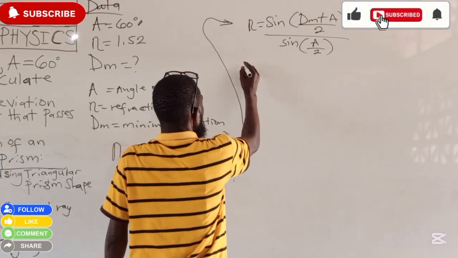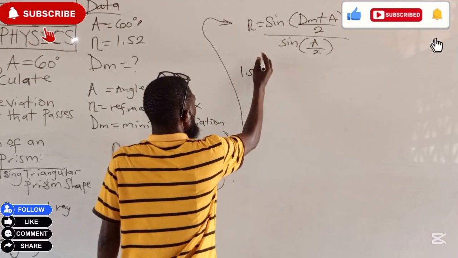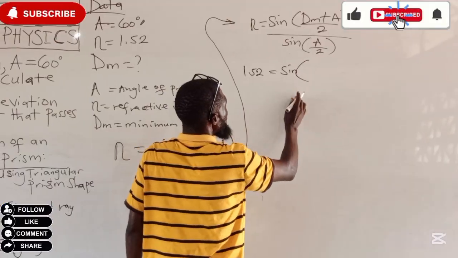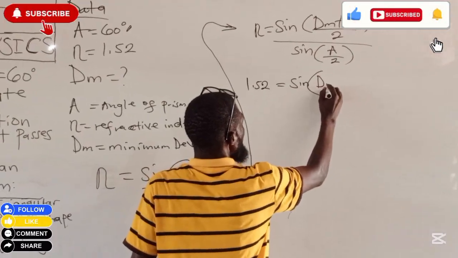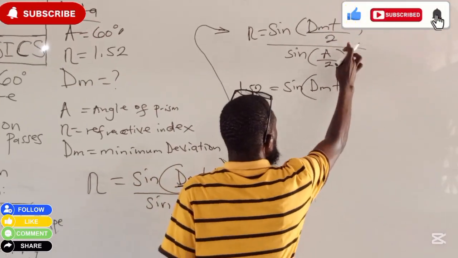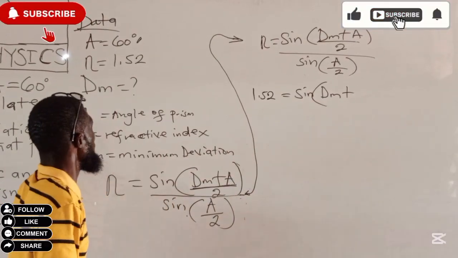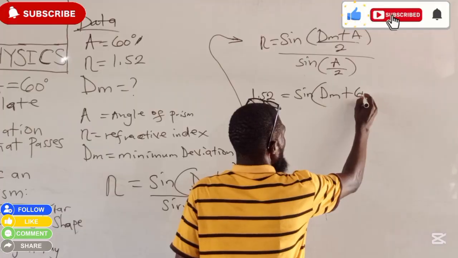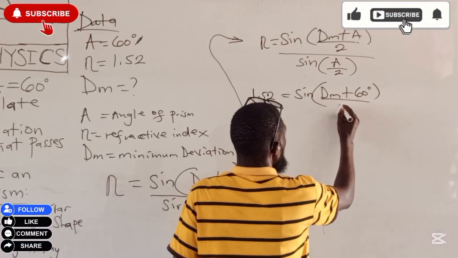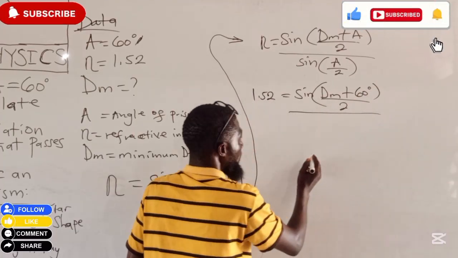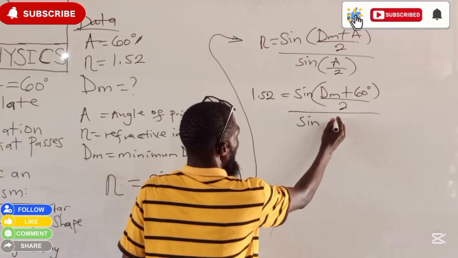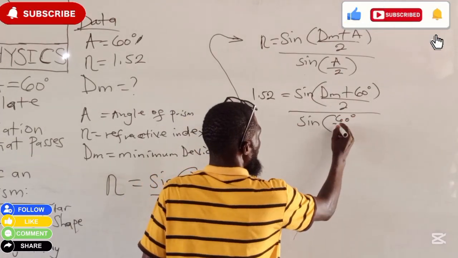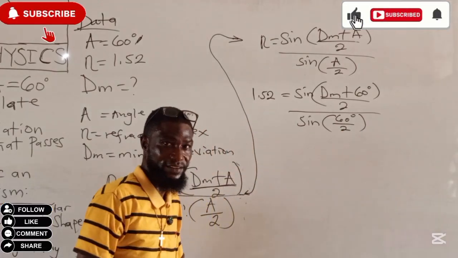So I have 1.52 equal to sin of the minimum deviation plus A, the angle of prism, which is 60 degrees, all over 2, over sin of A over 2, and A represents 60 degrees over 2.